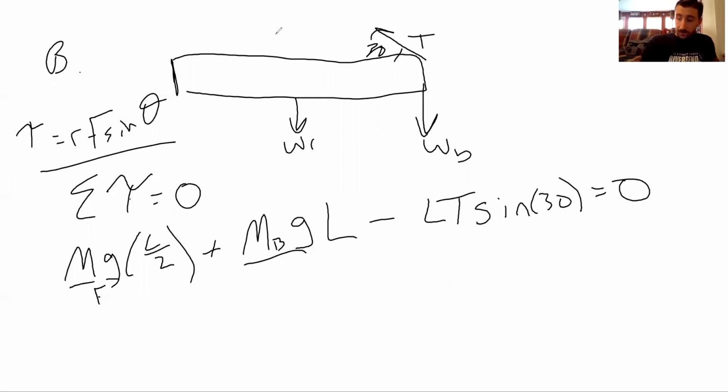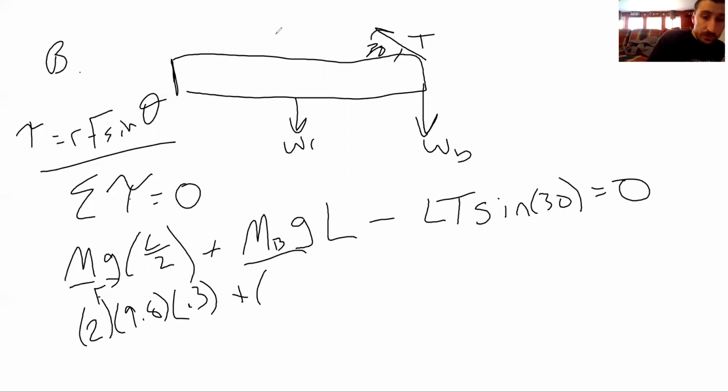Okay, so I can plug in. What's the mass of the bar? 0.2. So I got 0.2 times 9.8. Length of the rod, where does it say that? Oh, it's 0.6, so I got 0.3. It's half. Mass of the block is 0.5 kilograms times 9.8.